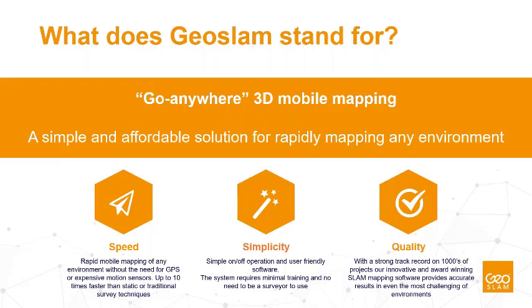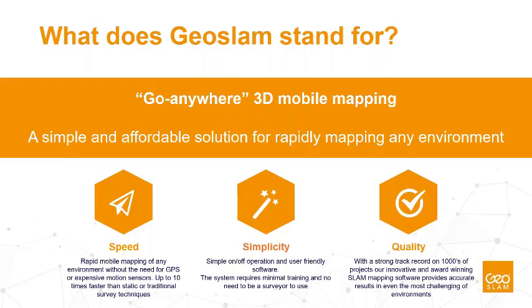And the three main values, which we always repeat when we talk about our main benefits: first, the speed of the surveying, which is in general about 10 times faster than using static surveying technologies.